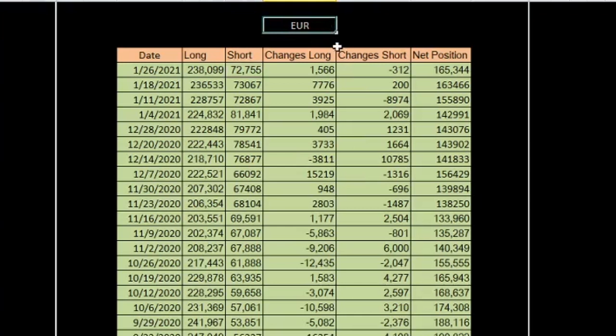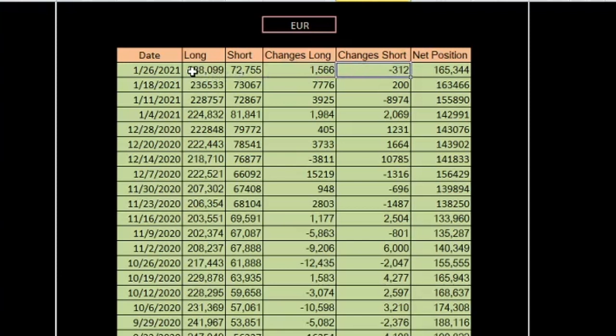Now if we look at the Commitment of Traders perspective, which is what hedge funds are currently doing here, what can we see? In the last report, net position increased from 163k to 165k, with 1.5k longs added and only 300 shorts getting closed.